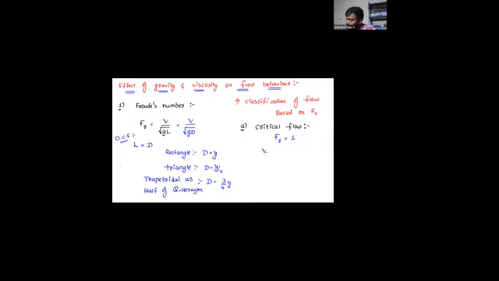Whatever the velocity is, it is the critical velocity, and whatever the depth is, it is the critical depth. So whenever the flow is critical, we call it critical velocity and critical depth.